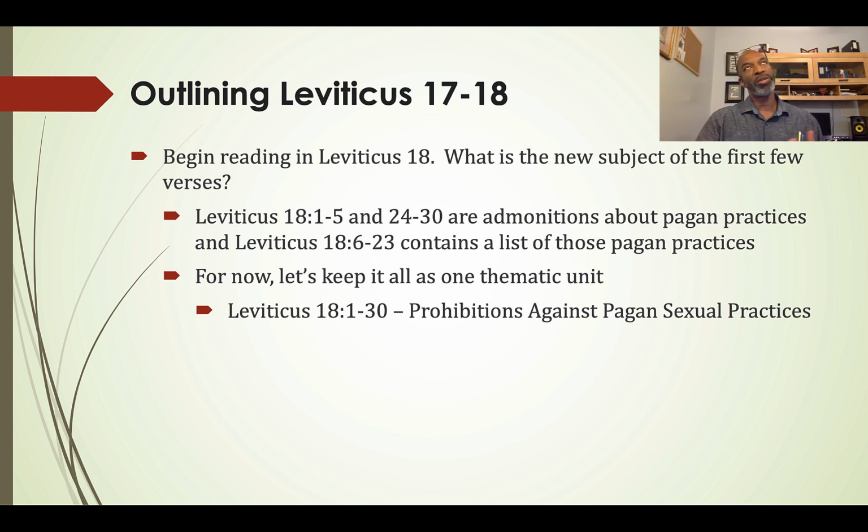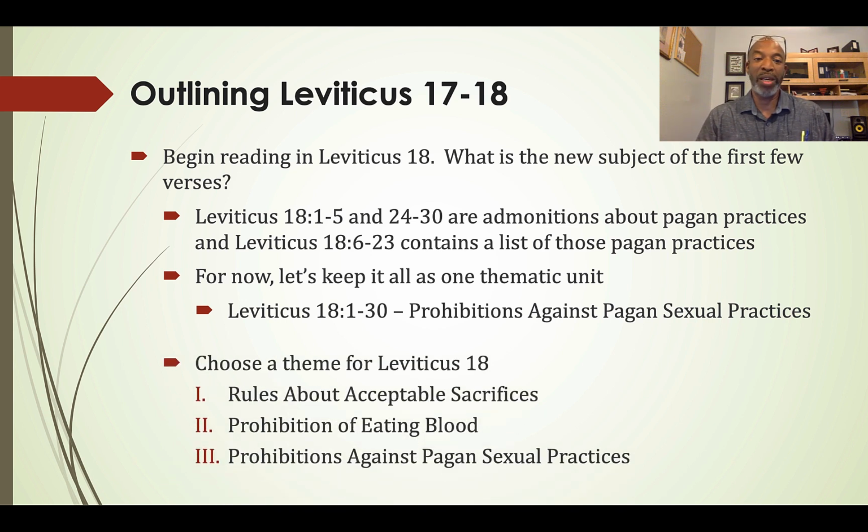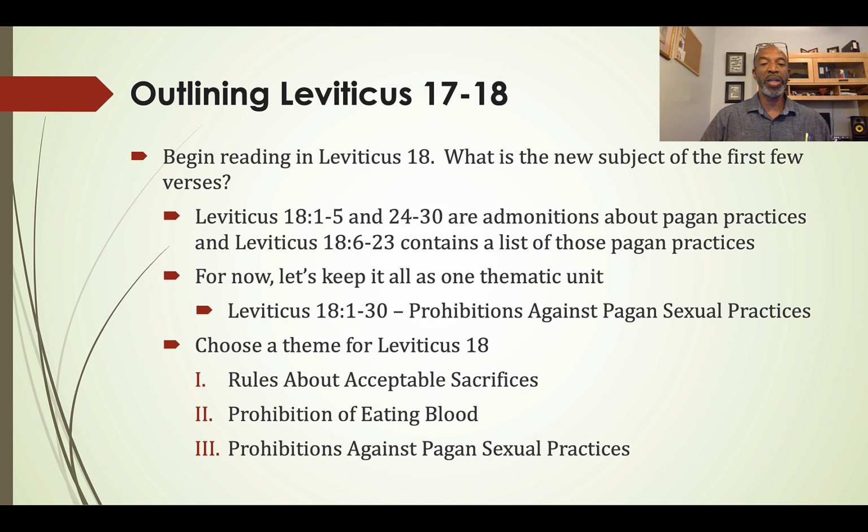And if we were to come up with one theme, I would say that Leviticus 18, 1 through 30 is prohibitions against pagan sexual practices, okay? That's how we could call that. And so here, this should say choose a theme. Right, all right.